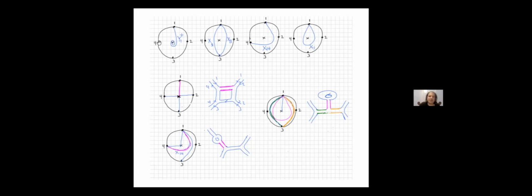Anyway, here's some examples of what these arcs look like as propagators in Feynman diagrams. For this triangulation of the surface, it's just a box, and so this purple arc here is that propagator. These guys, which go around the puncture but which are adjacent to each other, correspond to bubbles. This is the propagator corresponding to a bubble on an external leg.